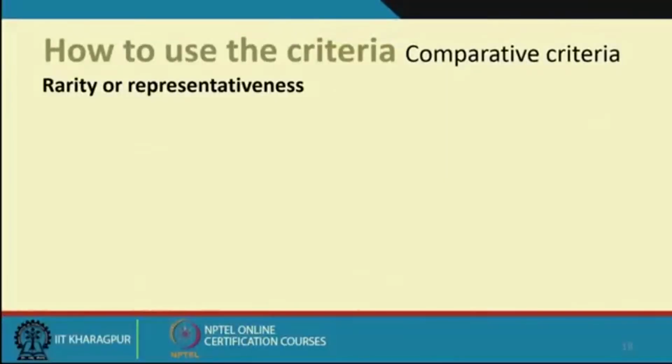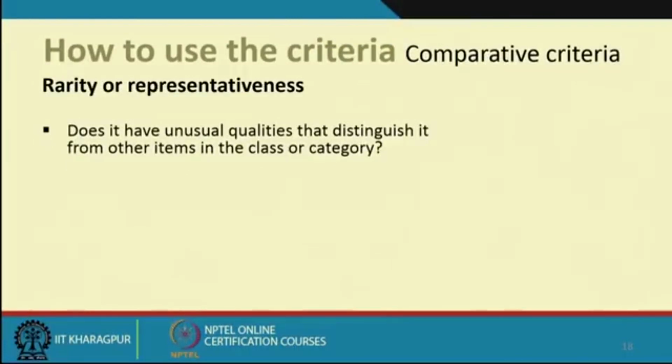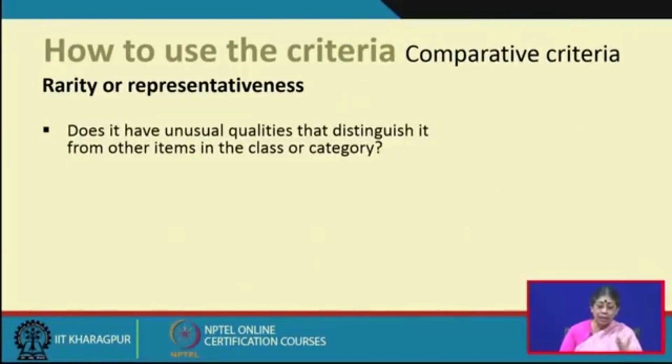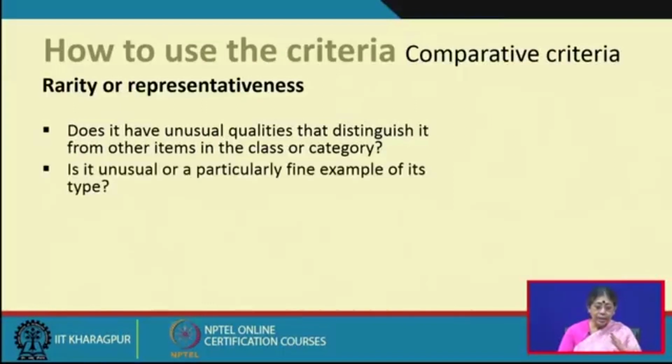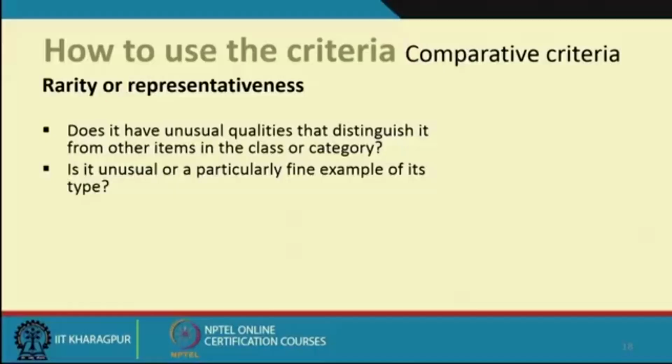The next criterion is rarity or representativeness. Does it have unusual qualities that distinguish it from other items in the class or category? Is it unusual or a particularly fine example of its type? Because in one type there can be many structures, examples, photographs, paintings, whatever typology you talk about. One has to talk about the rarity and how well it represents that particular typology or criteria.